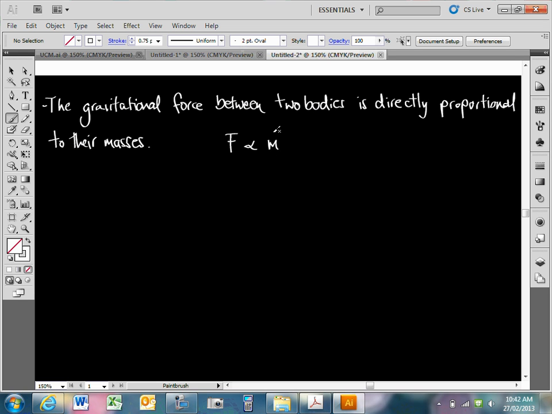The force is proportional to the mass, whether that be mass 1 or mass 2. And what that says is, if the mass of one body doubles, then so does the force.